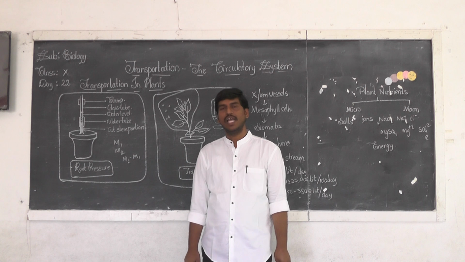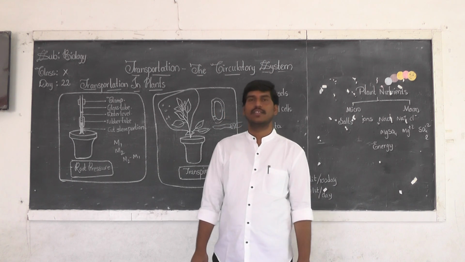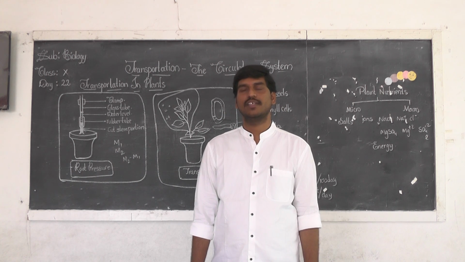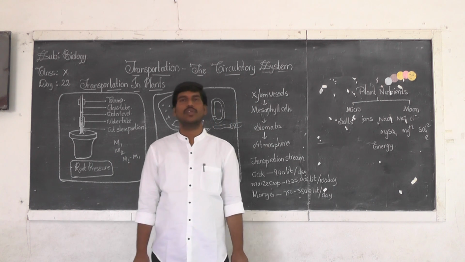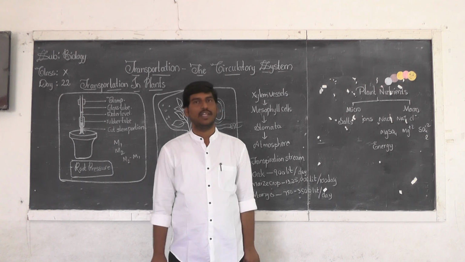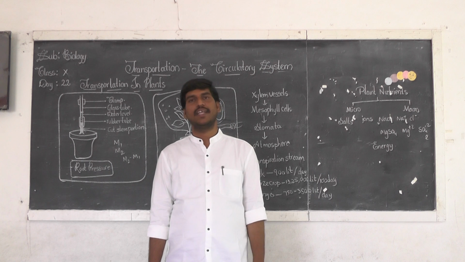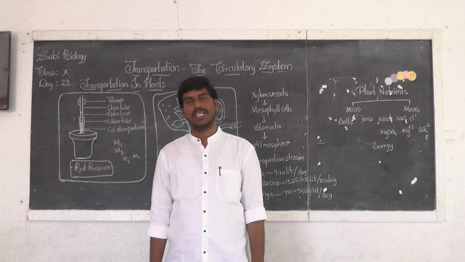And the second question, define transpiration. What is it? Define transpiration. And then the third question, how does transpiration help in maintaining annual rainfall, or what is the relationship between transpiration and rainfall? So these are the three questions for your home assignment.